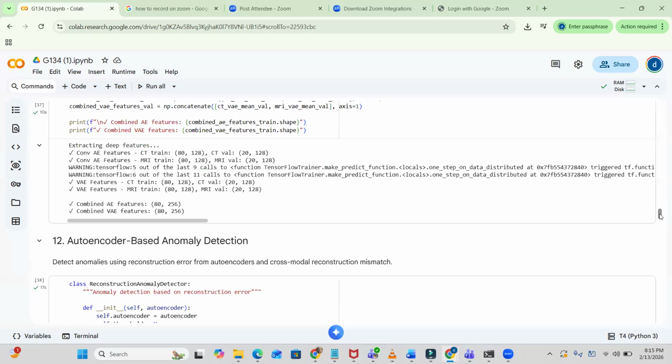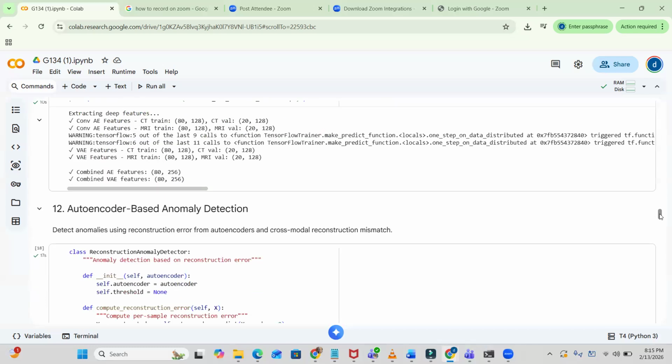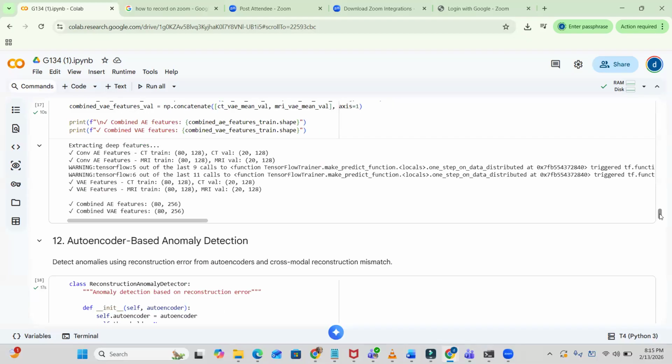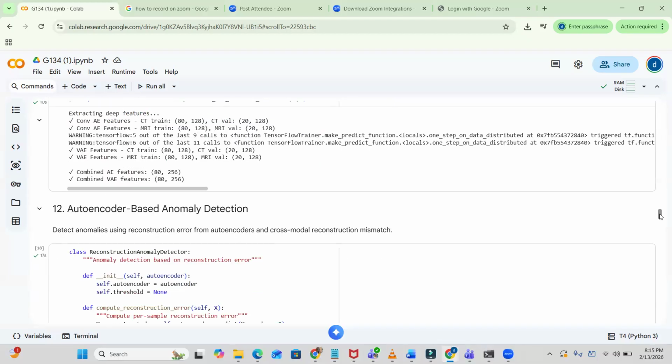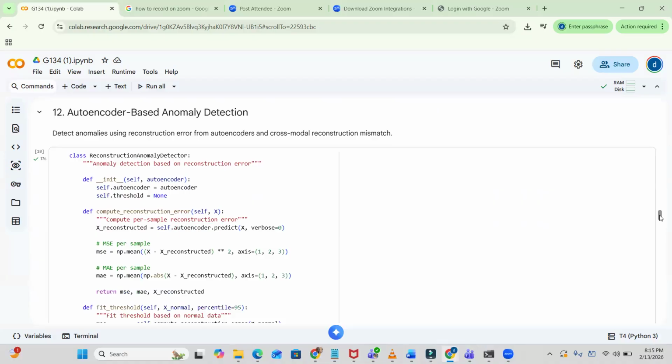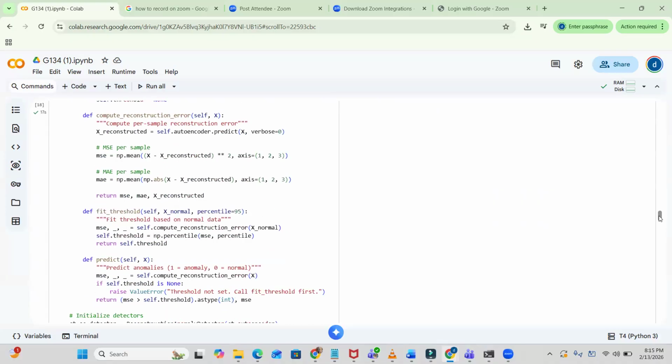Going to section 12, autoencoders. Devashish has developed autoencoder anomaly detection strategies, including the novel cross-modal consistency detector, as you can see. The hardest challenge he describes is leveraging differences between CT and MRI to detect anomalies that appear only in one modality.